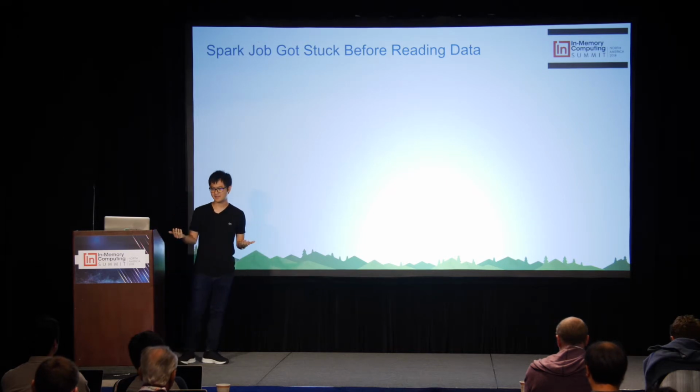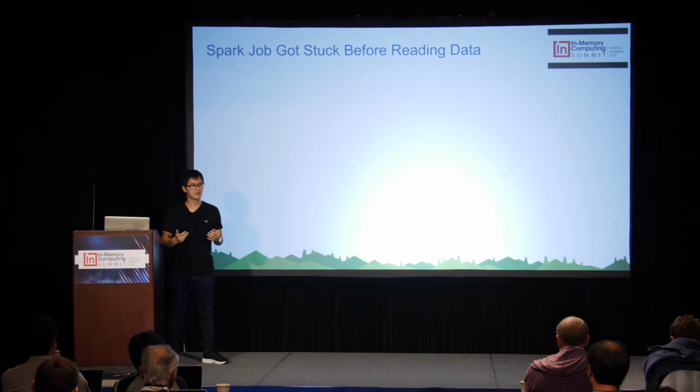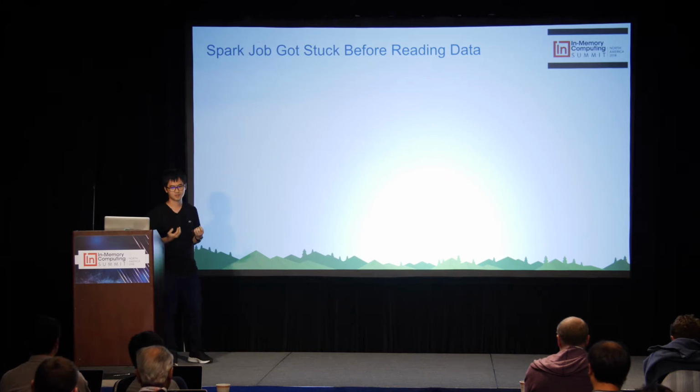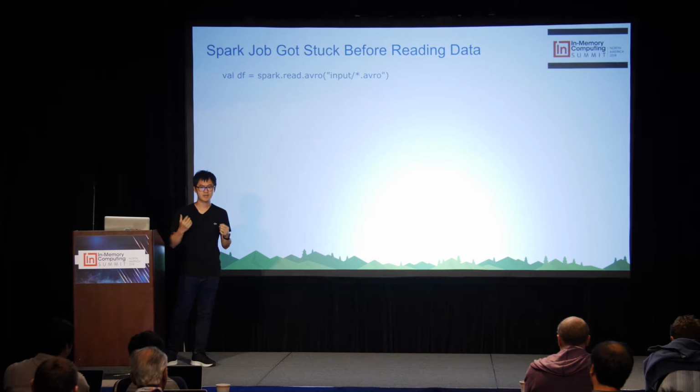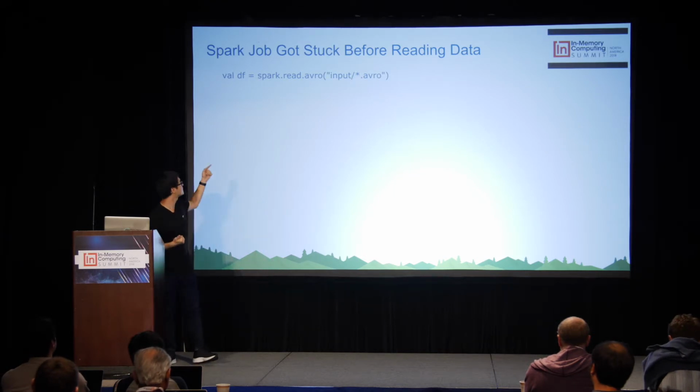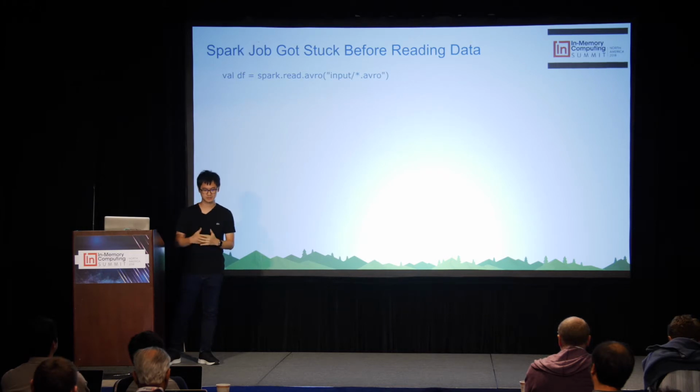Then I started adding logs everywhere and dug into the source code, and I found this one line where the job got stuck. We use Avro format as our graph output, and we just use this simple one line to read the data.